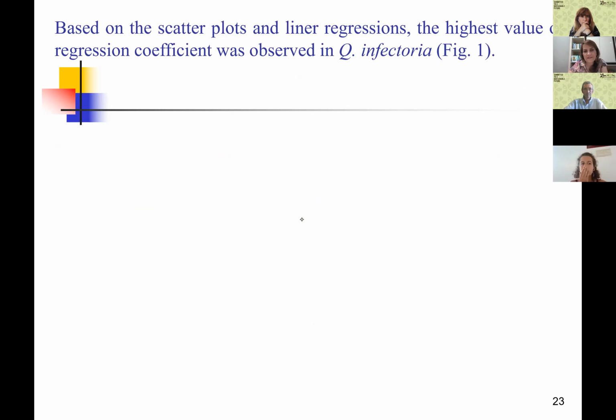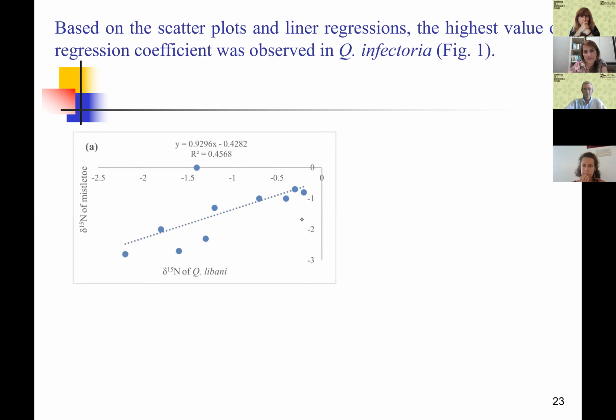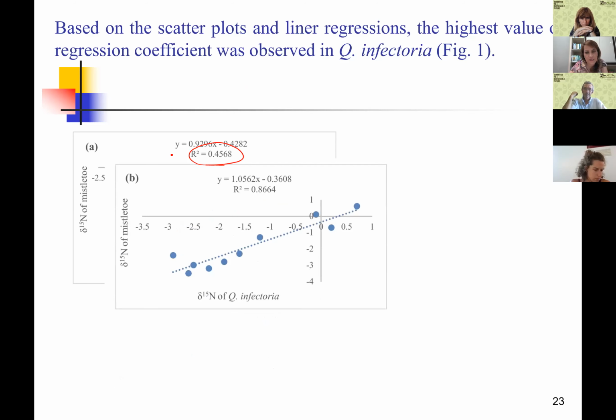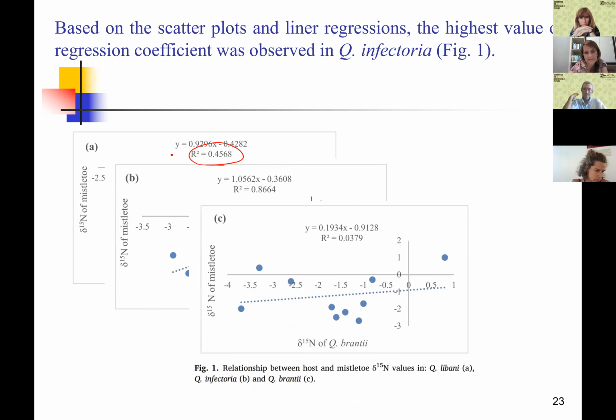Based on the scatter plots and linear regressions, the highest value of regression coefficients was observed in Quercus infectoria. Here in Quercus libani, you see the regression coefficients. In Quercus infectoria it is more than that, it's 0.80, and then in Quercus brantii.